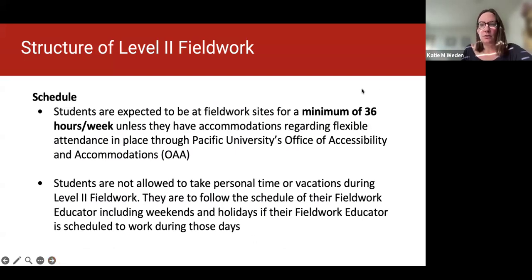Okay, so we've talked about all this. One thing to note for sure, some of you may have worked with OAA already with flexible attendance, etc. If you know that you're going to have medical conflicts or anything, and you have already flagged this with OAA, or you feel like you need to, now would be the time to do that and really articulate what that can and should look like when you're out on fieldwork.